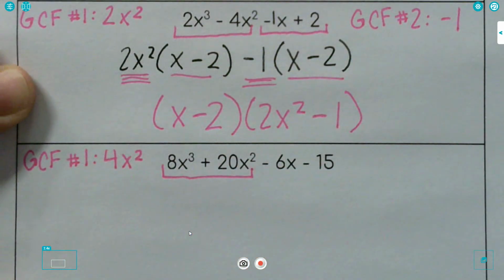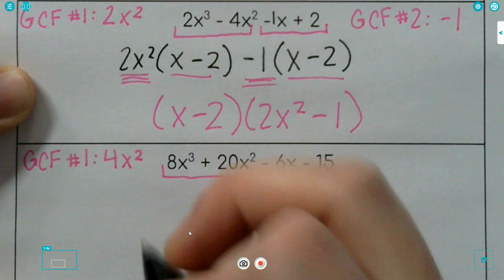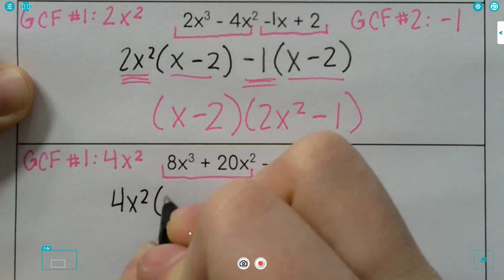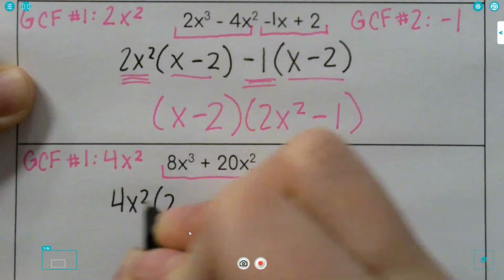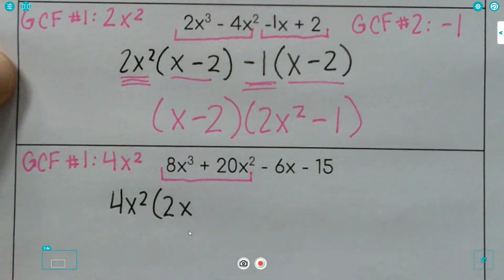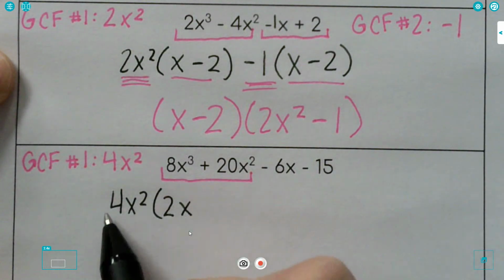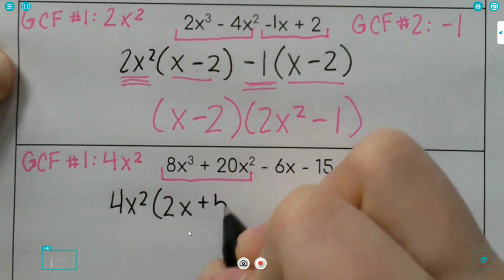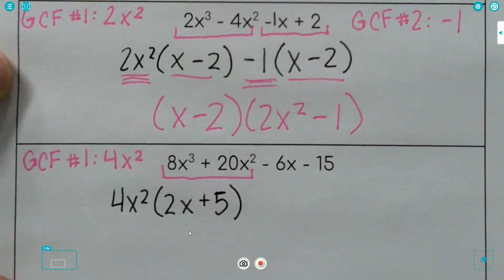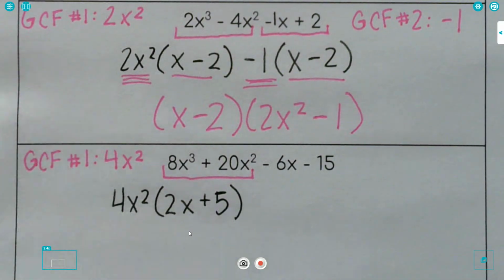So my first GCF is 4x squared. 8 divided by 4 is 2. 3 minus 2 is just x to the first power, or just x. And then 20x squared divided by 4 is 5. 2 minus 2 is none. I've got 2x plus 5.